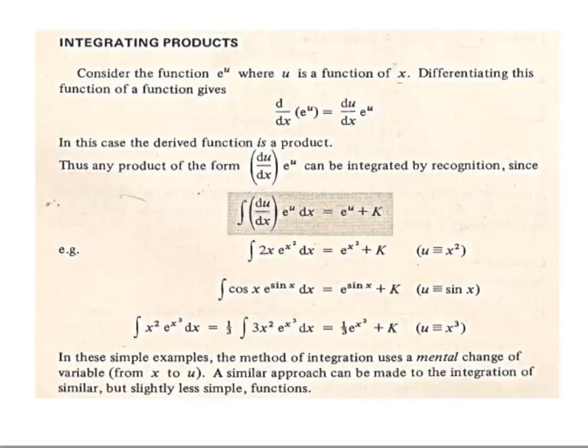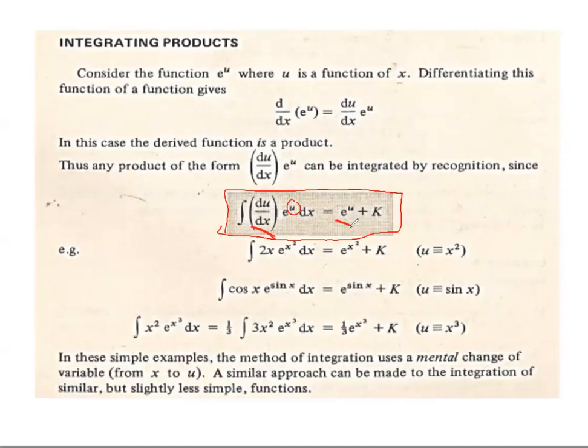If you were to look here in this box, you realize that they're saying here that if you recognize that a function is such that the derivative of the inner function is out here, in other words, the function really is a product of some function times its derivative, well, the integral of it will simply be e to the u.